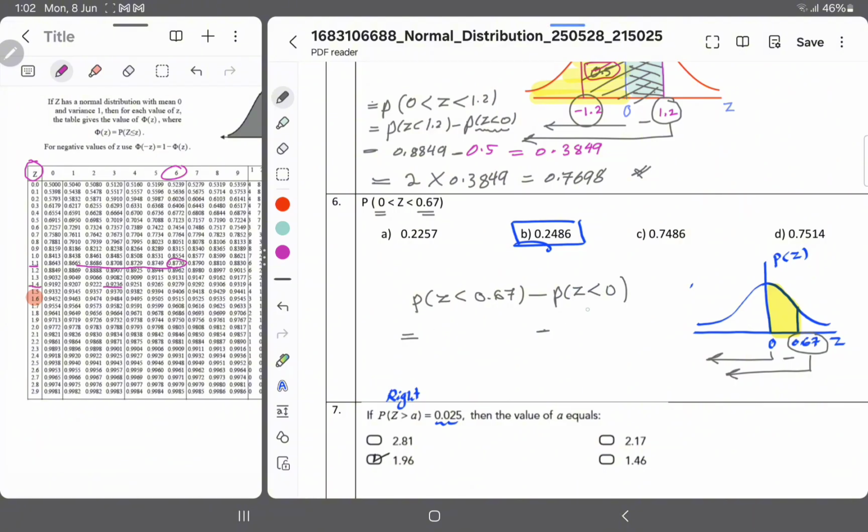We know that z below 0 is equal to 0.5. Now 0.67 from the table, for 0.6 and 0.07, is 0.7486. So we just evaluate that: 0.7486 minus 0.5 will be 0.2486.